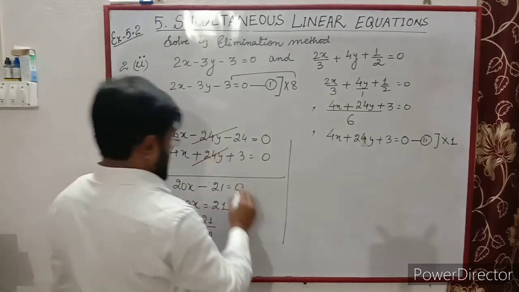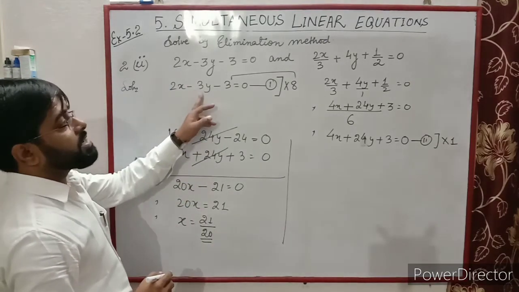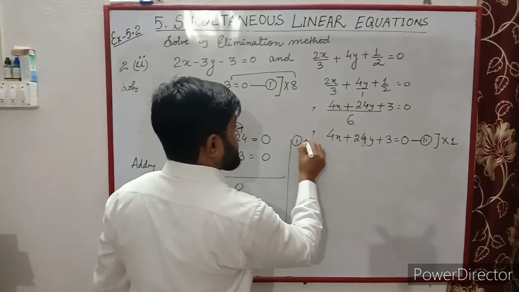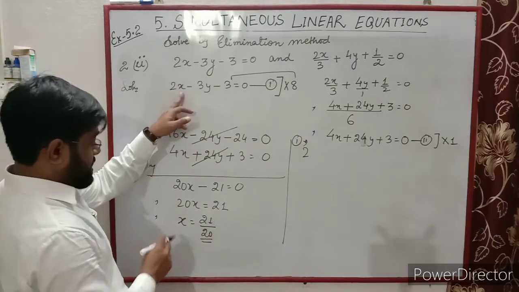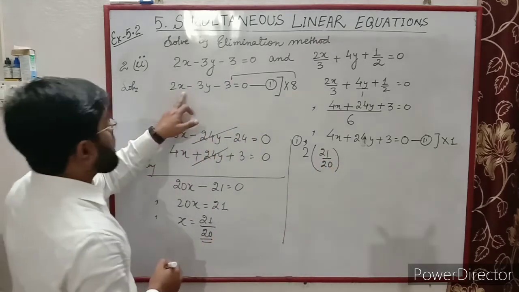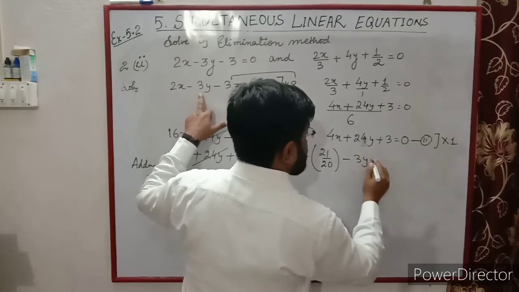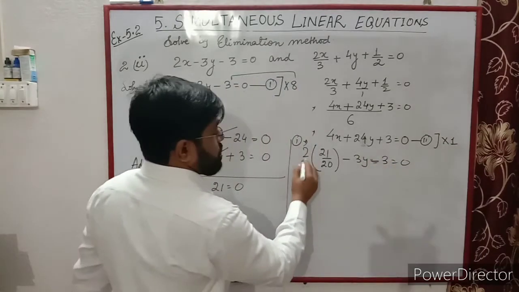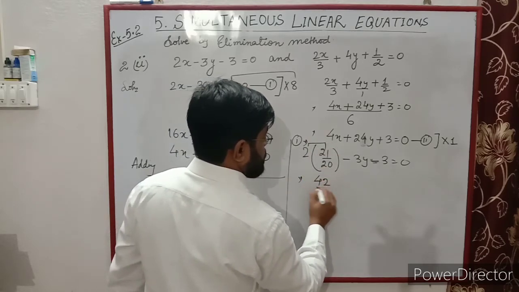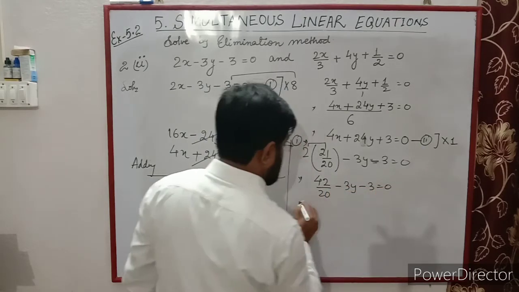Now substitute the value of x in equation first. So equation 1 implies that 2x, the value of x is 21 by 20, minus 3y minus 3 is equal to 0. Now 2 is multiplied by 21, so we have 42 by 20 minus 3y minus 3 is equal to 0.